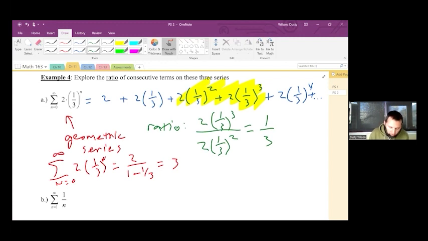Okay, that's great. What if we tried a different combination? What if we looked at the next 2 terms out, the blue terms? Well, in this case, again, we would look at the ratio of the second term here.